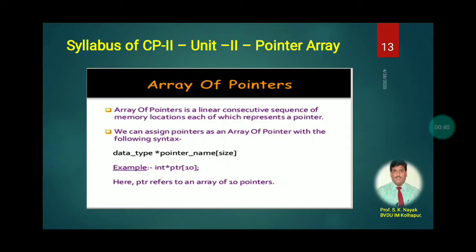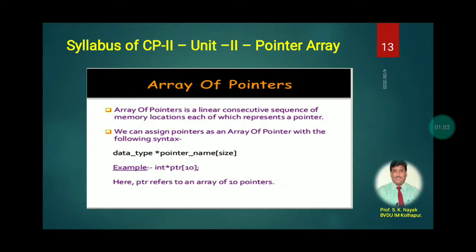Now, an array of pointers is a linear consecutive sequence of memory locations, each of which represents a pointer. We can declare an array of pointers with the following syntax: data type, star, pointer name, and size. For example, int star ptr of 100.